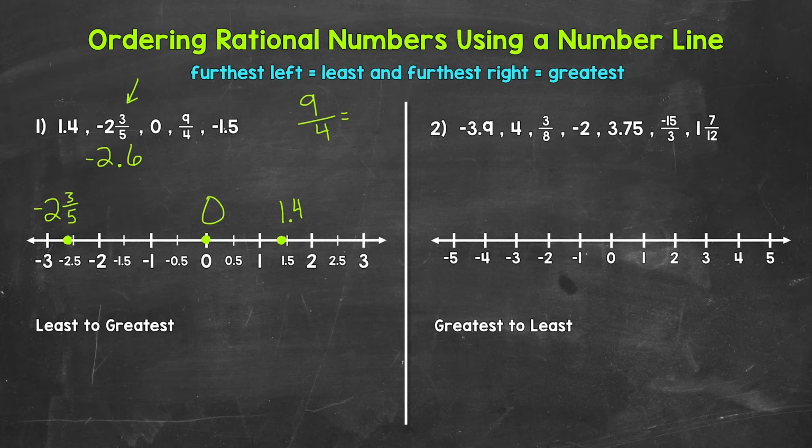Well, 2. That's our whole number of the mixed number. That gets us to 8. So we have a remainder of 1. That's the numerator of the fractional part. And then we keep the denominator of 4 the same. So 2 and 1 fourth.